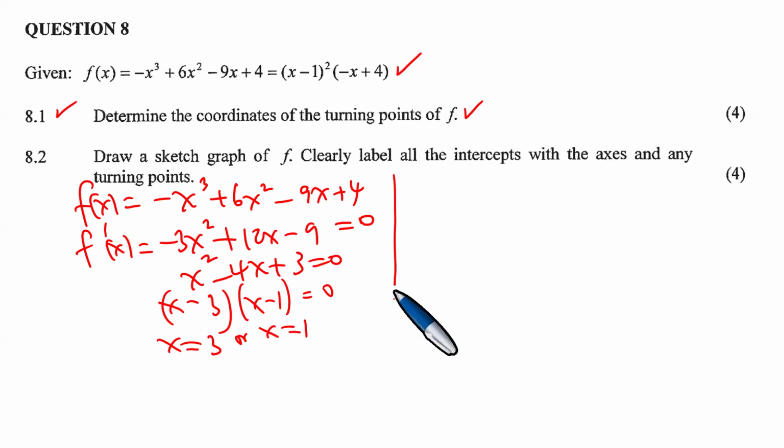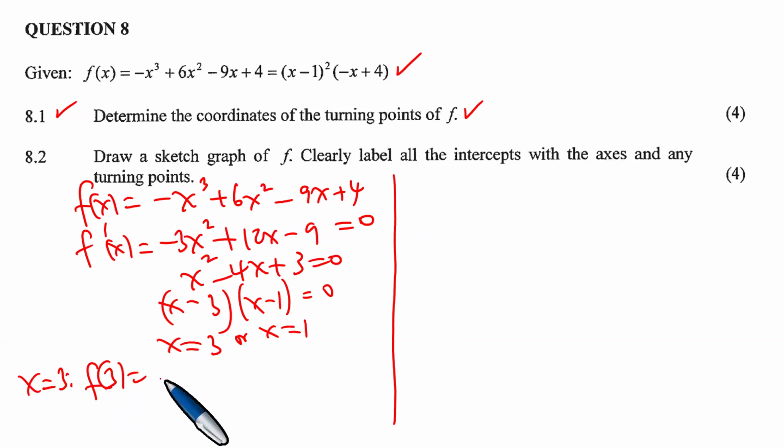Okay, now let's look at these and what the implications are, as we want to find the coordinates of the turning points. Now we're going to perform substitutions. At x equals 3, we evaluate f of 3 in the original function, which is minus, you put the 3, you cube it, plus 6 times 3 squared, minus 9 by 3, plus 4, and you have the result.